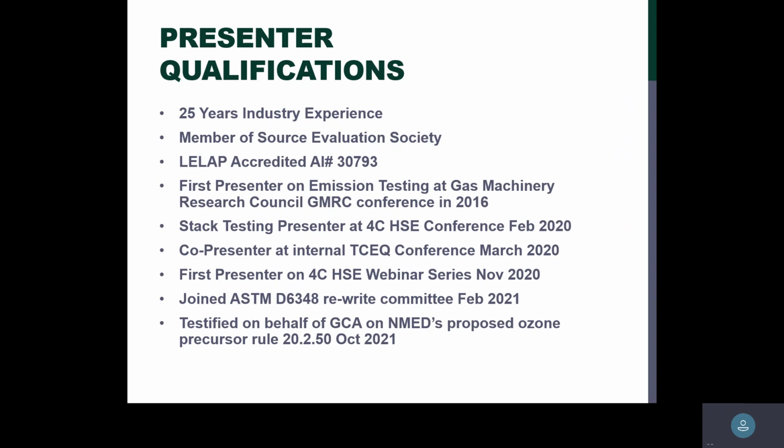We co-presented for TCEQ at the beginning of 2020 on the ASTM method for FTIR analysis, which is primarily the method that will be used for this Quad Y regulation to sample for formaldehyde. I joined the ASTM D6348 rewrite committee in February of last year and also testified on behalf of the GCA for New Mexico's proposed ozone precursor rule last year.